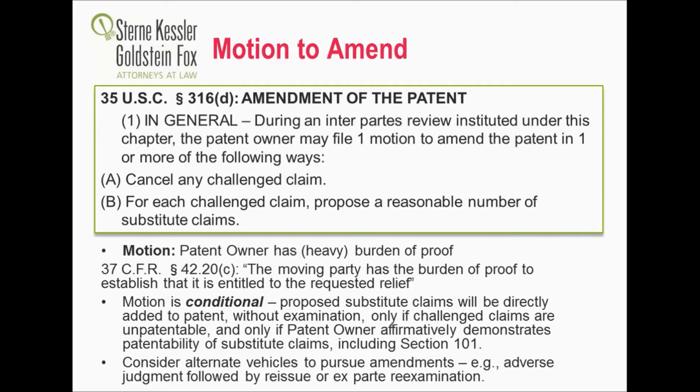But keep in mind that you cannot pursue claims of the same scope that you're relinquishing in the inter partes review. So let's turn to some of the mechanics.